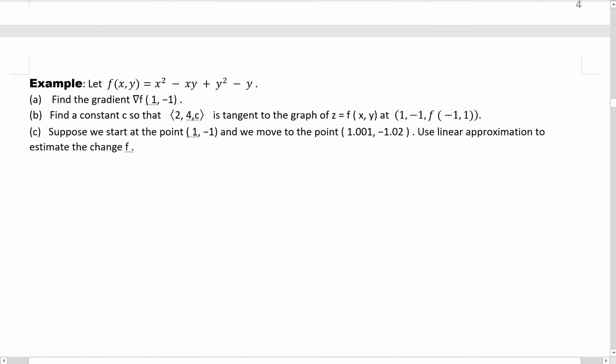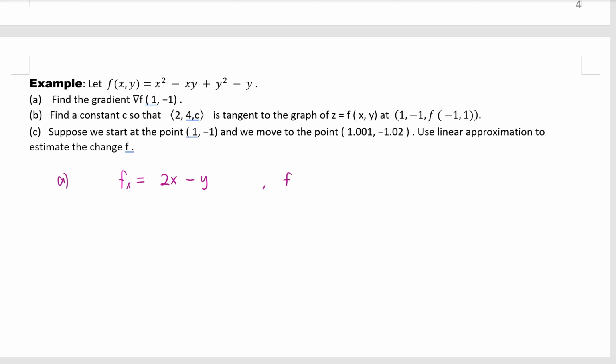Let's look at the following example. Let f(x,y) equals x squared minus xy plus y squared minus y. Part A, find the gradient vector. What's partial f partial x? The derivative of x squared is 2x. The derivative of xy with respect to x is y, so minus y, and there's no x in y squared minus y, so its derivative is 0.